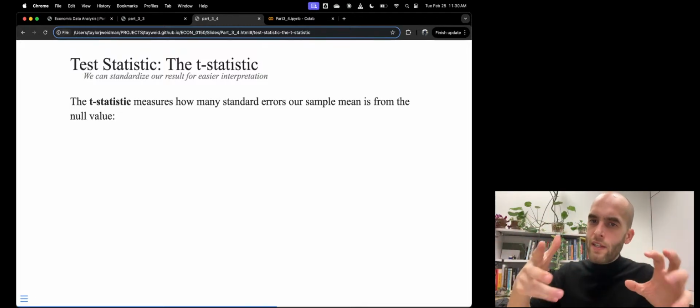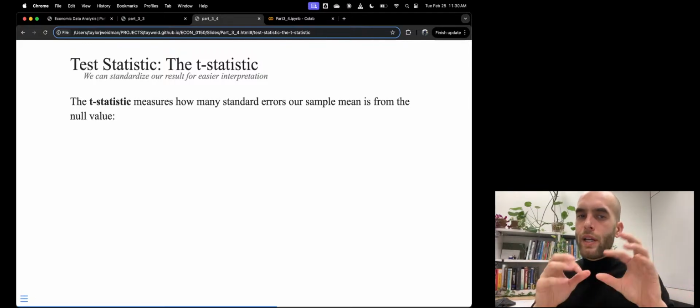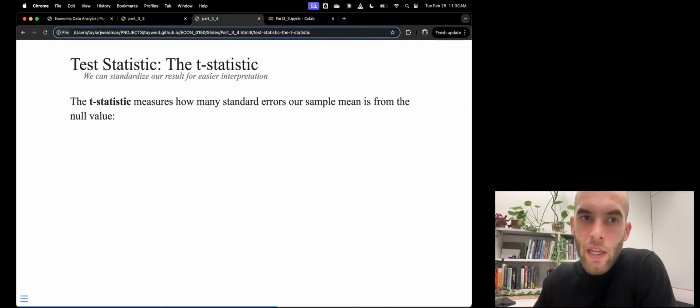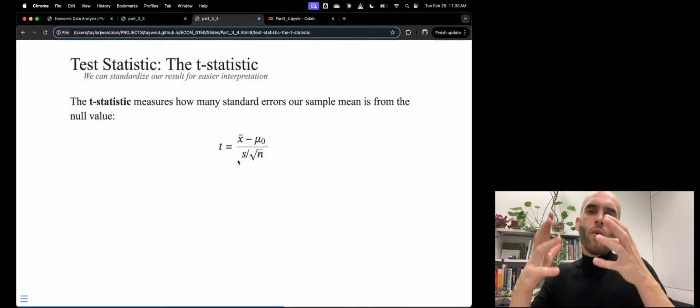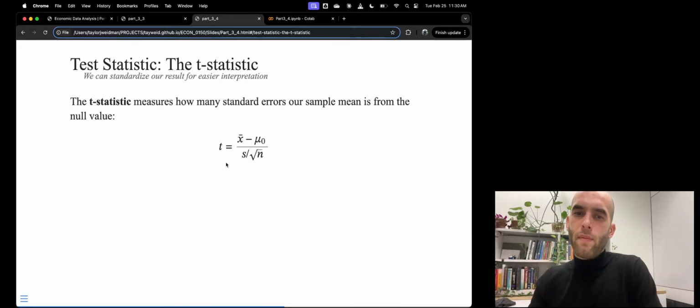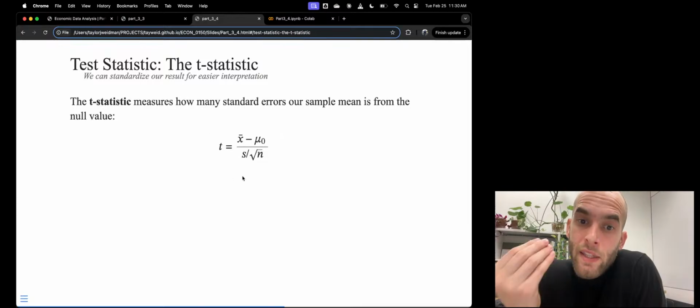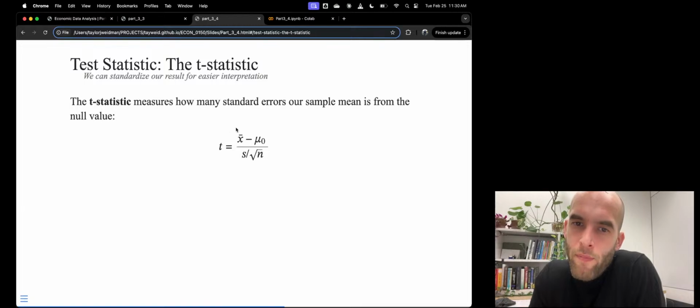We can do all of these things without actually talking about t-statistics, so I'm saving it for the end so that we can get the intuition first. There are so many equations running all over the place, and we don't need to work with this one directly, but we're going to talk about it.